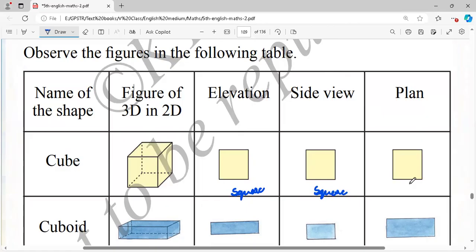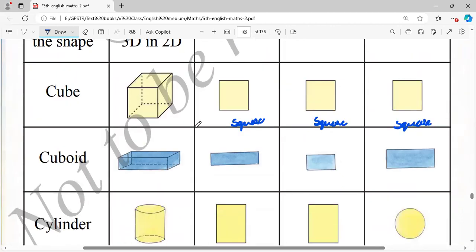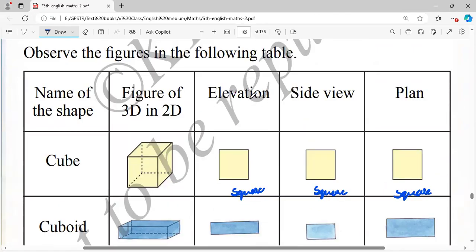Plan: if you look at the cube from the top, it looks like a square. In all three cases, it looks like a square. This figure is a cube: elevation or front view, side view, plan.